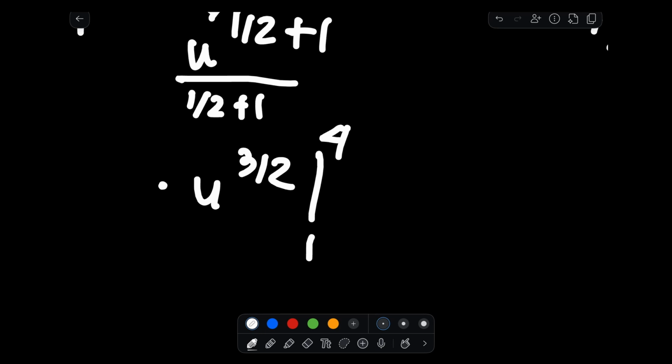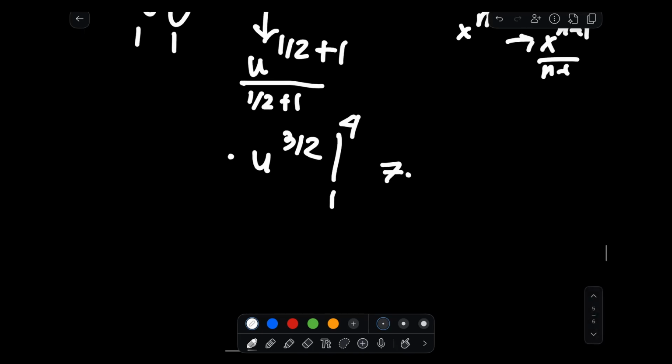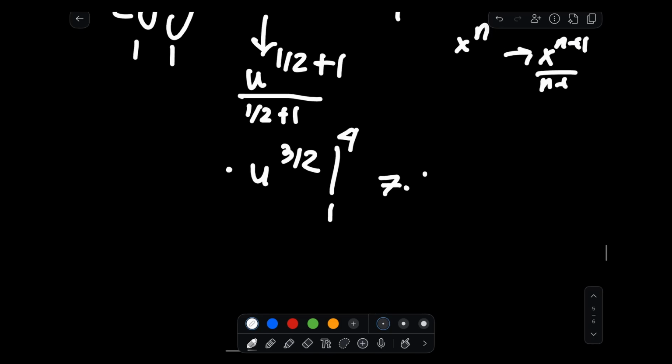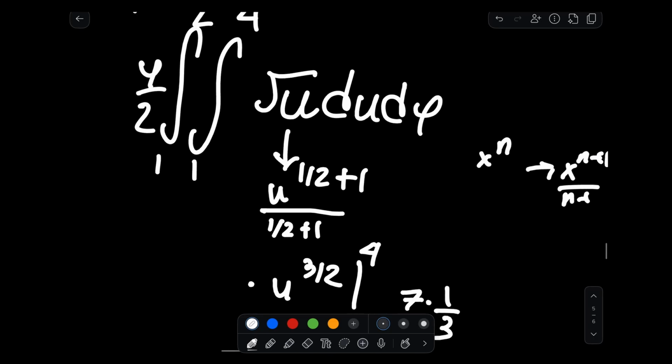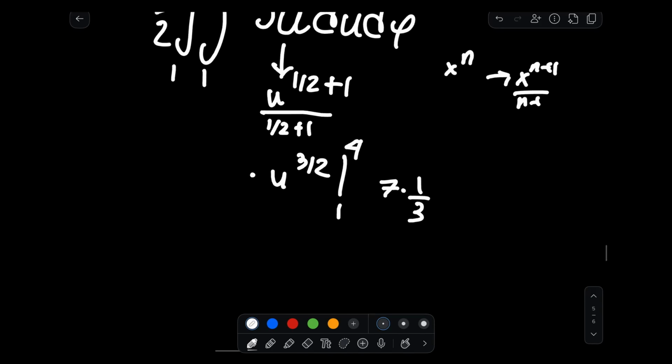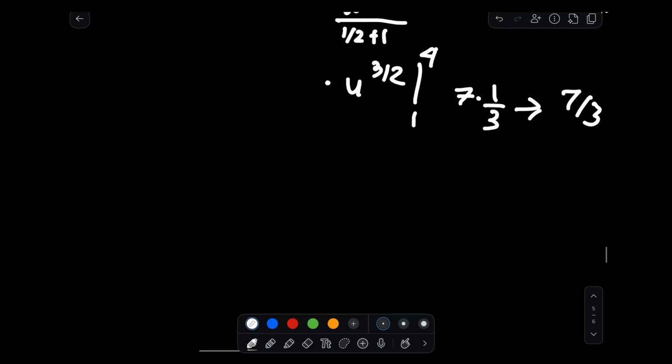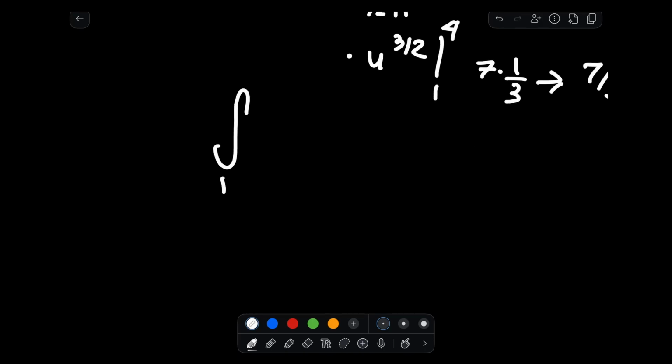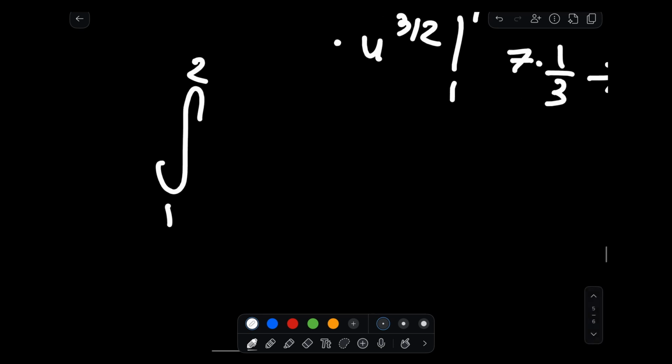8 minus 1, that's 7. 7 times 1/3 is going to be 7/3, because yes, it's going to be 7/3 here. And then we're going to get 1 to 2 of y times 7/3 dy.